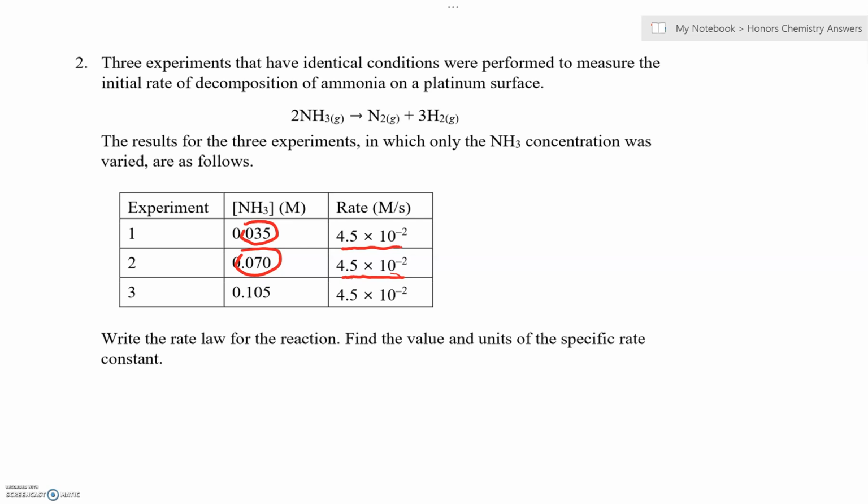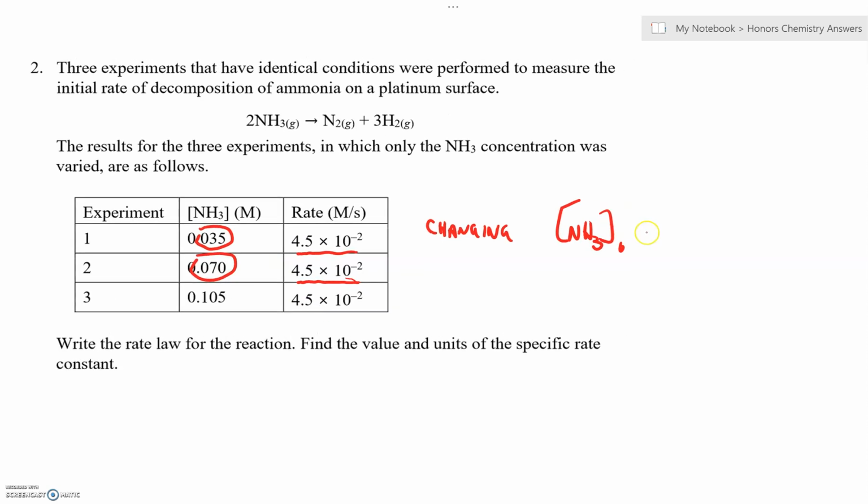Look at that. In other words, changing the concentration of NH3 at the beginning of the reaction has no effect on the rate.